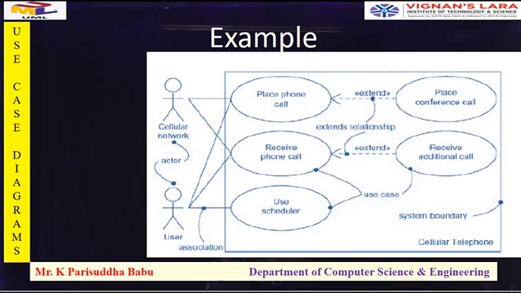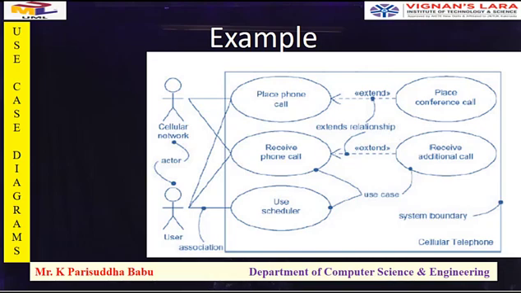Receiving additional call is also an extend relationship. Why? Because you may not receive many calls while you are in your call. That will happen only once in a particular time. So the extend relationship is used for additional operations that are not done regularly, whereas include is used for additional information that is always added.